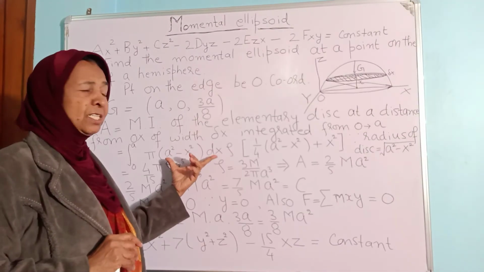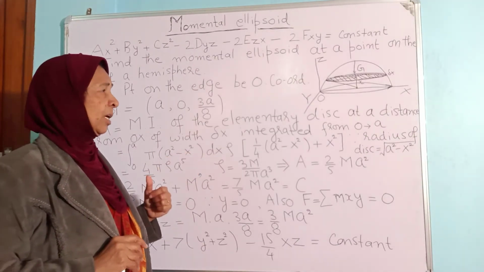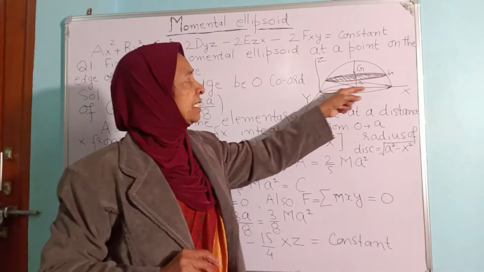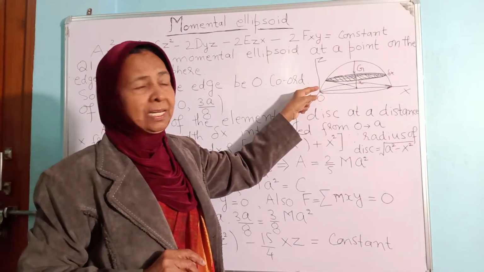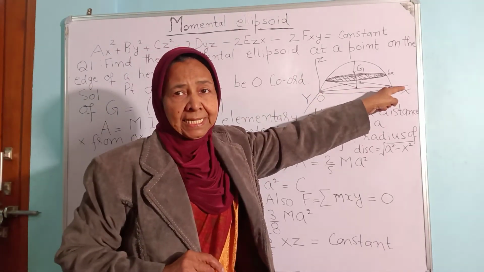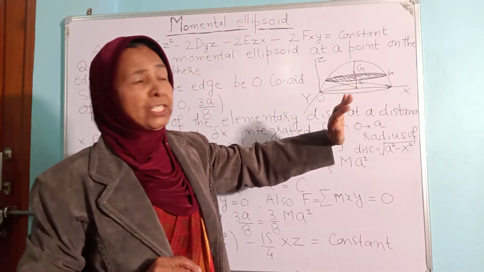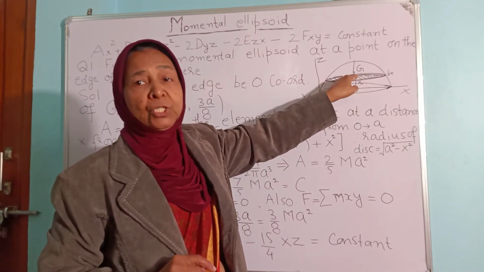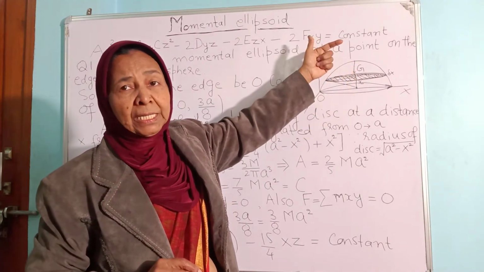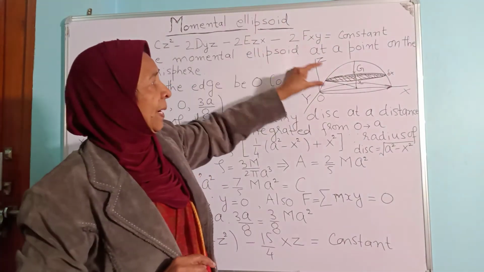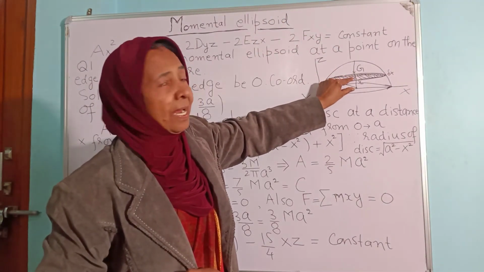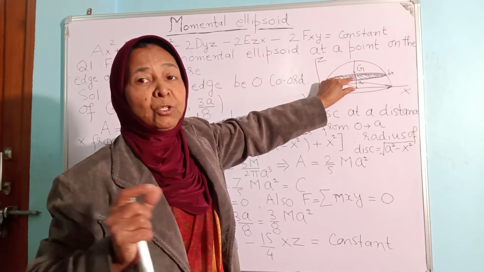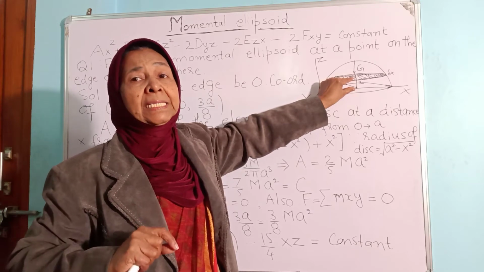So this term stands for mass, and then the moment of inertia of this hemisphere about this x-axis will be the moment of inertia of this disk about an axis passing through G and perpendicular to it, and then this mass into this x². Why? I am using the theorem of parallel axes.